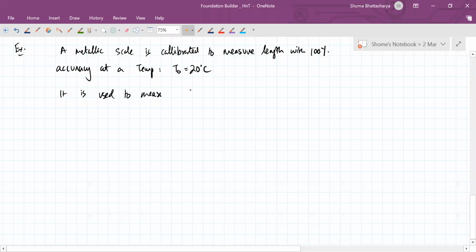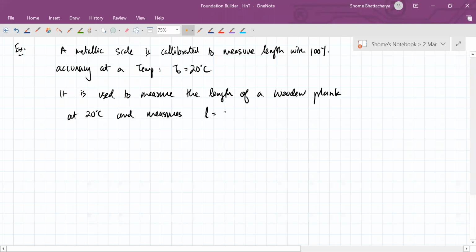So it is used to measure the length of a wooden plank at 20 degrees C and measures L equal to, let's say this one.